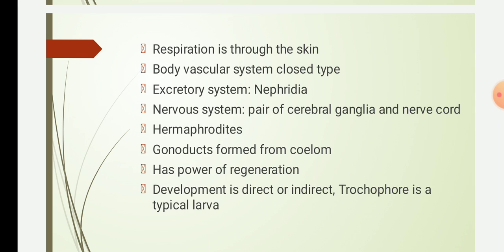Development is either direct or indirect. In most forms it is direct, and if it is indirect, there will be a trochophore larva. This trochophore larval stage is characteristic of indirect development and is passed through during the development.